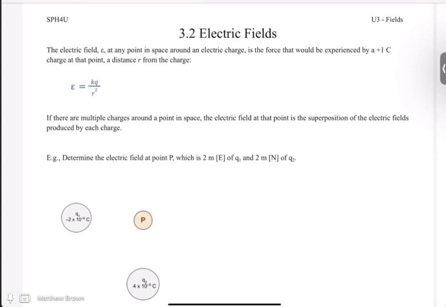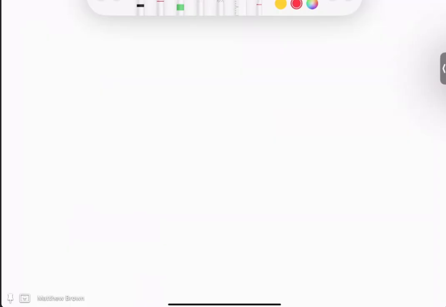Yeah, so electric fields we've already kind of talked about, but here we're going to give you this. I want to call that epsilon, the letter here, but I'm not exactly sure. So I guess I'll just say E for simplicity.